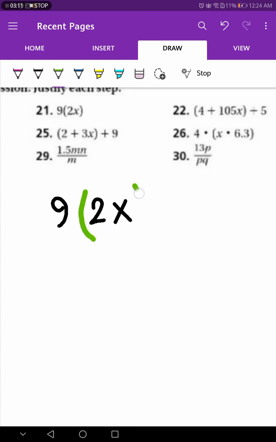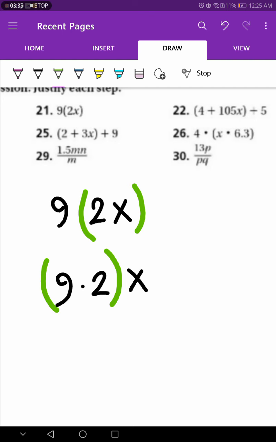Now directly the numbers are near each other, close to each other, so we just move the parentheses. Moving parentheses means associative property, as you know. So 9 times 2x, I'm just moving the parentheses from holding 2x to hold 9 multiply 2, then simplify, it is 18 multiply x. So this is the expression in the simplest form.